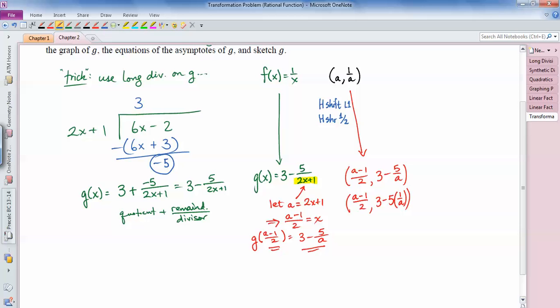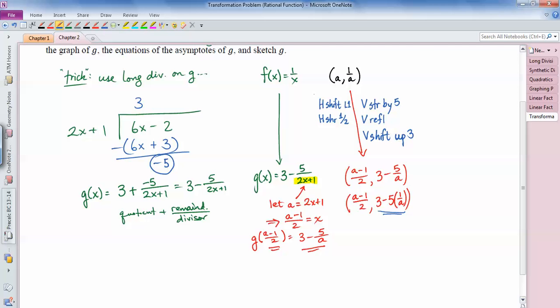And then in order to turn 1 over a into 3 minus 5 times 1 over a, you could multiply by 5 first, so that'd be a vertical stretch by 5, and then a vertical reflection in order to get the negative there. If you switch the two verticals, that's fine, doesn't really matter. And then we're going to add 3 to it, so vertical shift up 3.